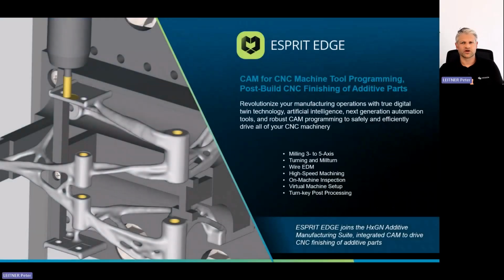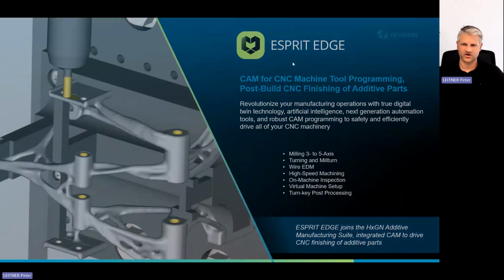And last but not least, we have to post-process nearly every part, or we CNC finish the additive parts in Esprit Edge. It's a CAM software for CNC milling, for 3 to 5 axis, turning and mill-turn, and a bunch of other functionalities available in Esprit Edge.